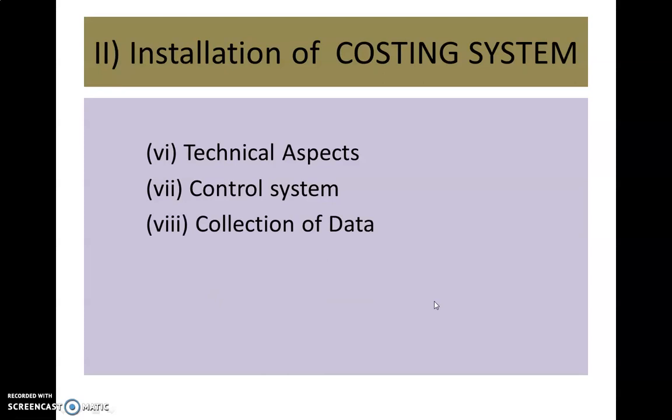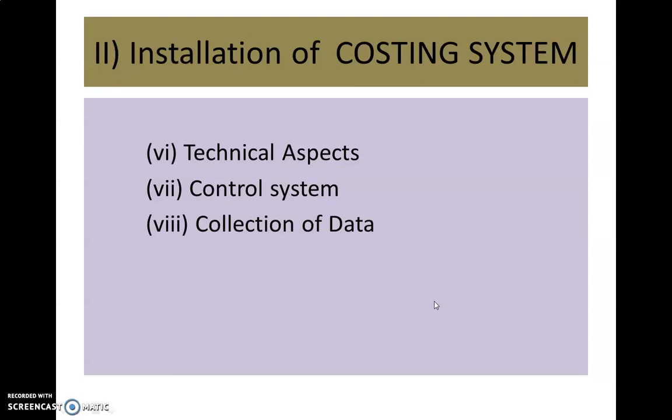Next one is called collection of data. Cost data is the base for decision making. An efficient system of collection and verification of the data is to be devised for prompt collection of cost data. See, again you can go for the example of labor cost. Suppose you are maintaining labor records.